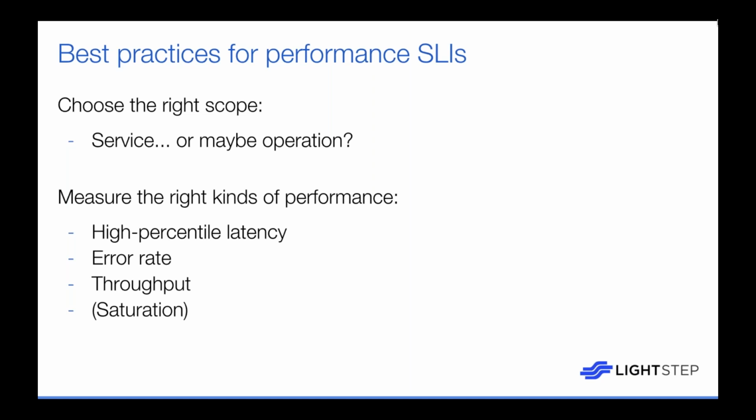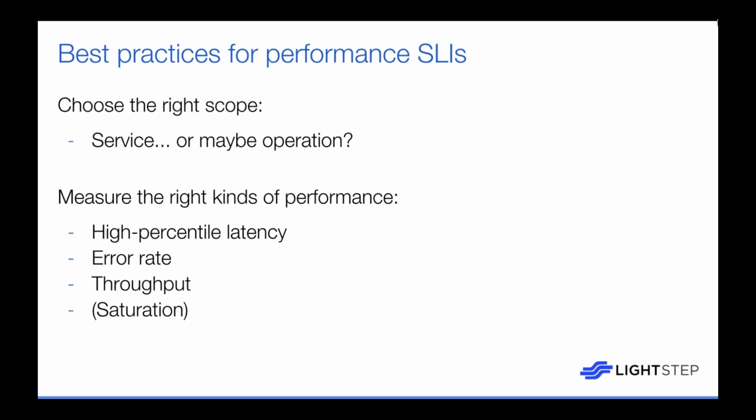But think for a second about the different kinds of things that your service does. To take a super simple example, say that you have two endpoints, one that reads and one that writes. Chances are the read one is going to be a lot faster than the write one. So if you're going to set a single SLI to cover both of those, either you're going to set it so wide, so slow, that you're not going to really see or understand performance changes in the faster read operation.